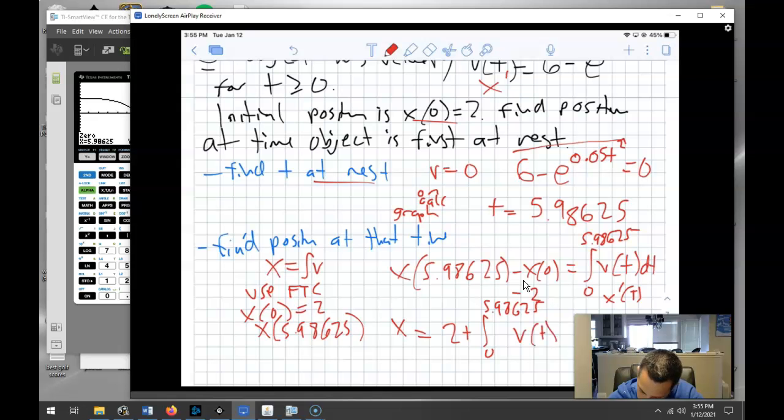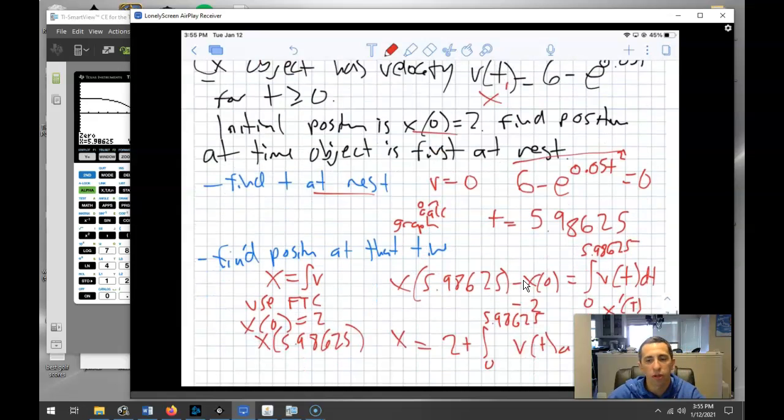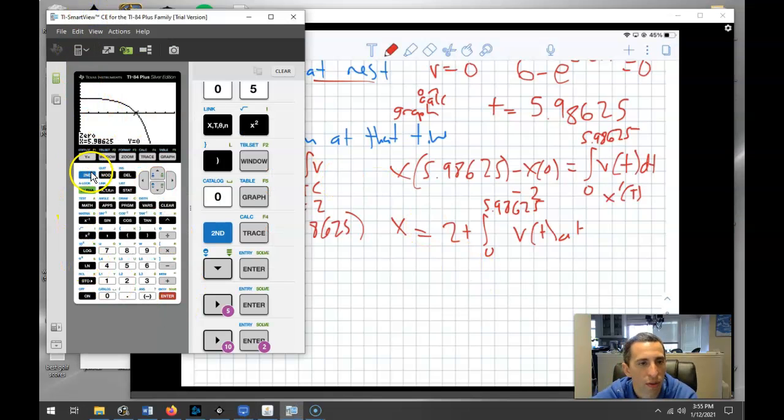Of course, I should have pointed out at the beginning that this is a calculator problem, but I'll be very clear about that in your homework, so I won't worry too much about that. Anyway, we'll just plug this all into my calculator. I'll put the 2 in front so I don't forget.